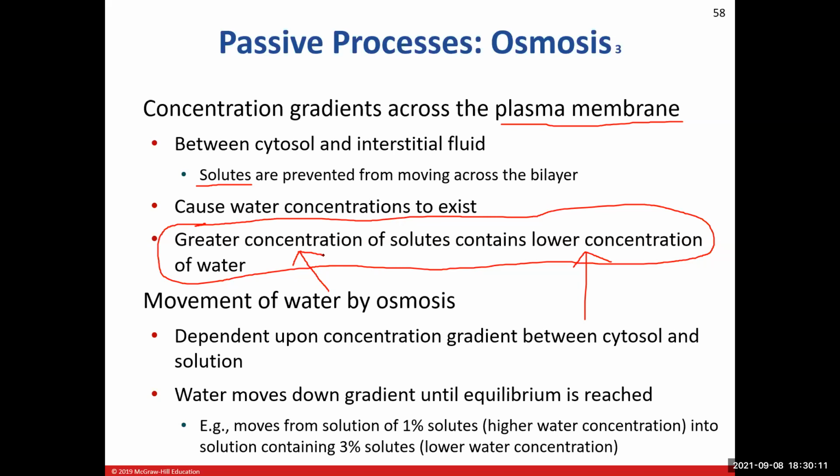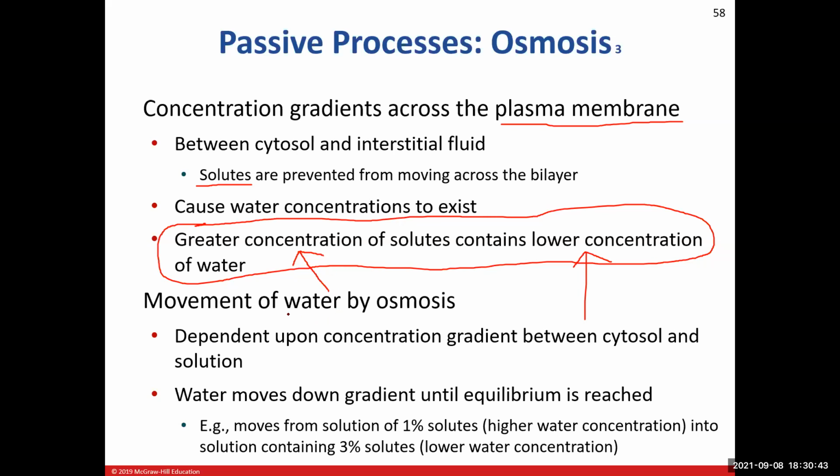Because look at that statement. Greater concentration of solutes contains lower concentration of water. So water goes from an area of high concentration to low concentration. At the same time, I can say water is going to move towards the area where there are more solutes because there's less water. I need you folks to understand that. So keep that part in mind because I'm going to elaborate on this in a moment.